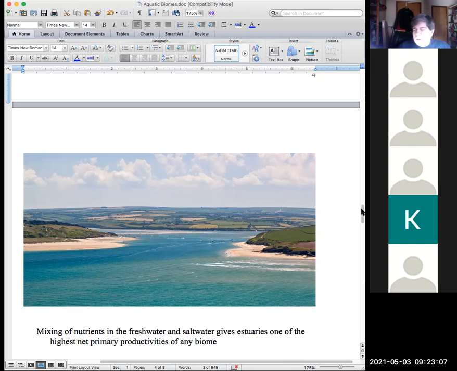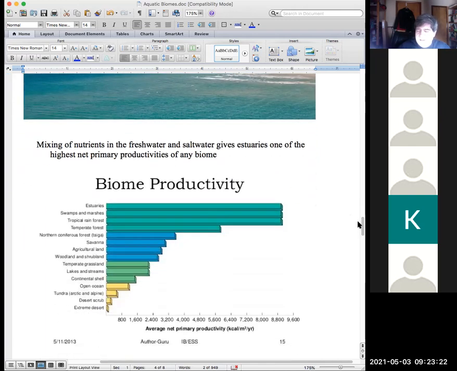So when we look at estuaries, because we have all these nutrients and we have different types of nutrients coming in from the rivers and streams versus what the seawater is bringing in, one of the things that we see is that if we look at the net primary productivity.